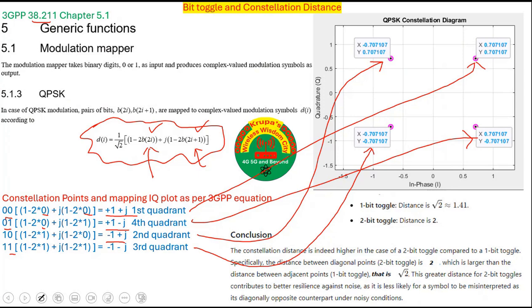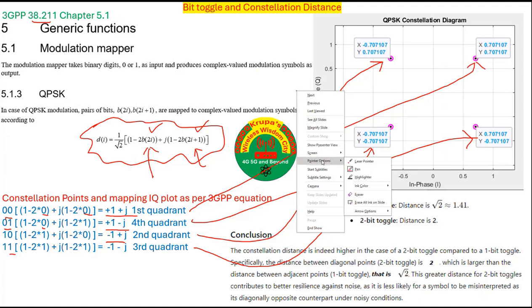So it looks a little awkward, as if we didn't intend it to be placed this way, but there is a reason why the 3GPP has proposed to place the constellation points in this very cryptic way. All right, so let's cover the next aspect of it.